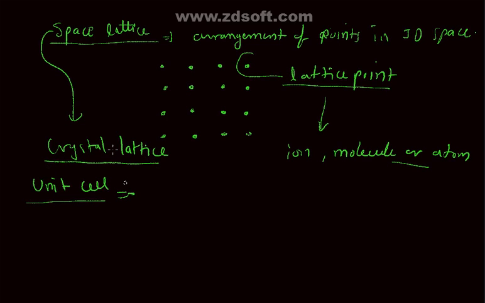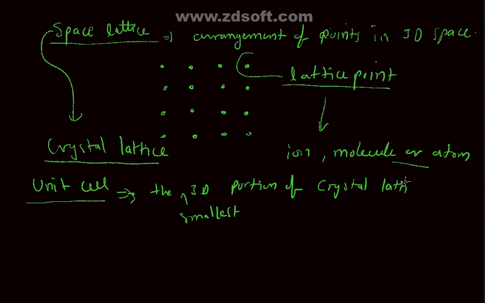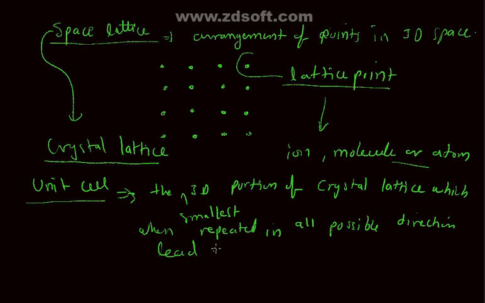What is unit cell? Unit cell is the smallest three-dimensional portion of a crystal lattice, which when repeated in all possible directions leads to the formation of the crystal lattice.